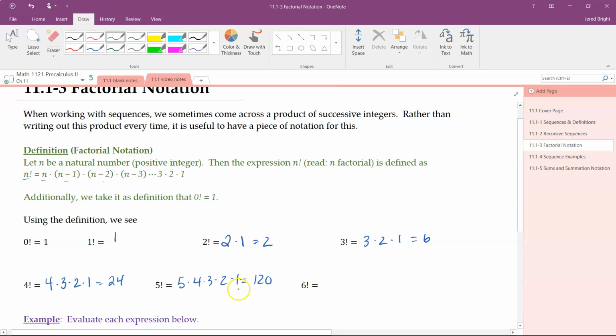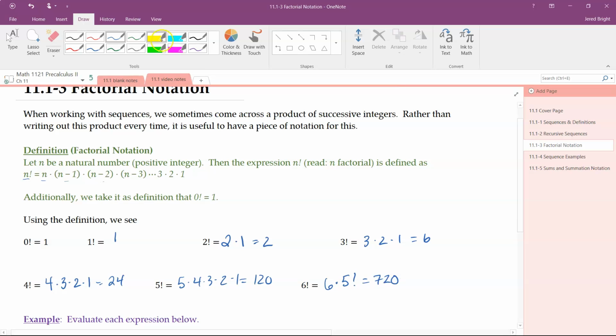And 6 factorial is effectively going to be 6 times 5 factorial. This is another way you can write this whole thing. So we just take our result from 5 factorial, which is 120, multiplied by 6, and we get 720.